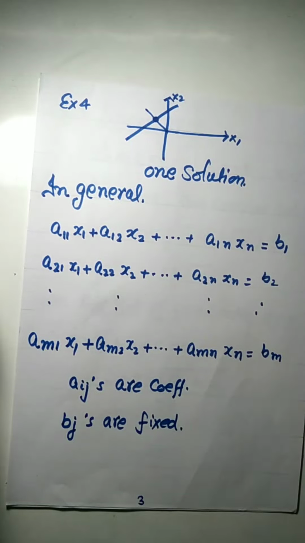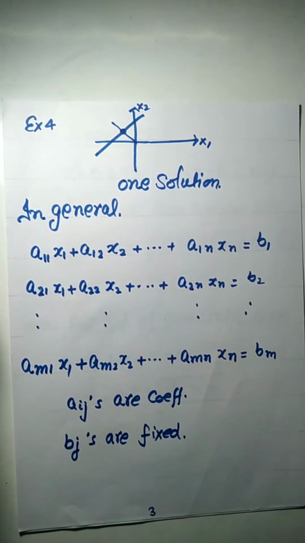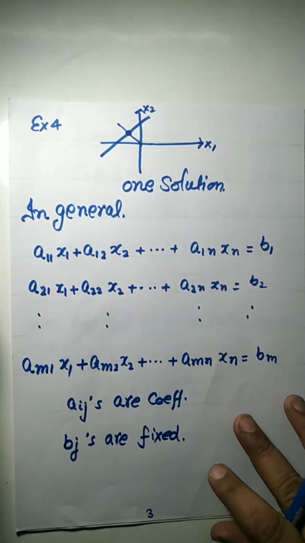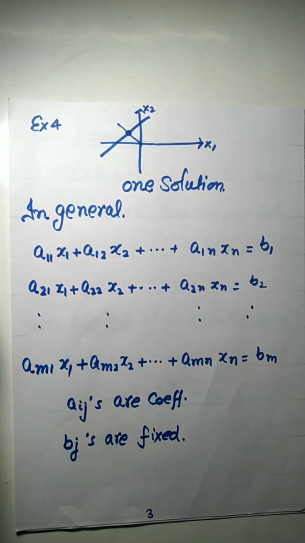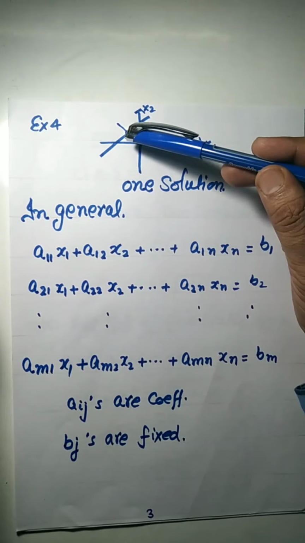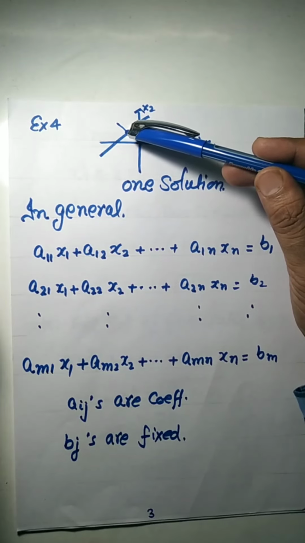Also we have the intersection of lines. The lines intersect at this point, so we can say one solution exists.